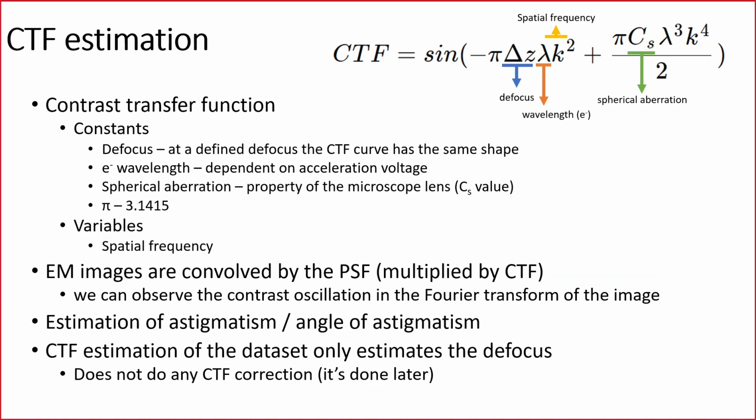Now, we already have our micrographs. Our micrographs, as we said, are collected at different foci, because we want to avoid the zero nodes of the CTF, the contrast transfer function.